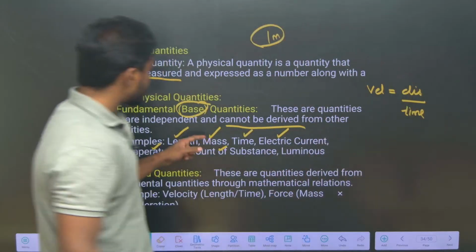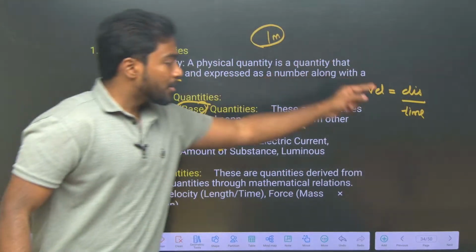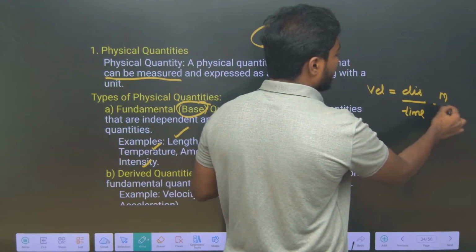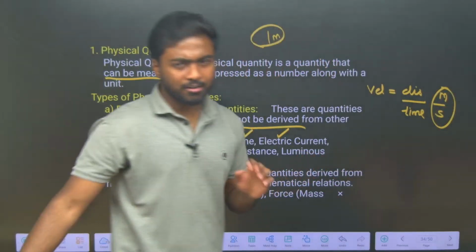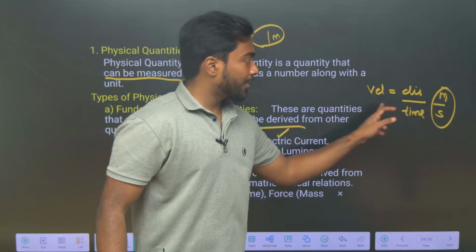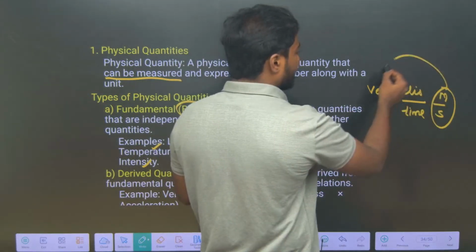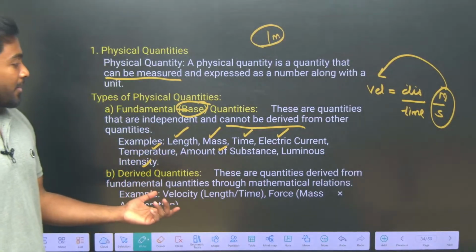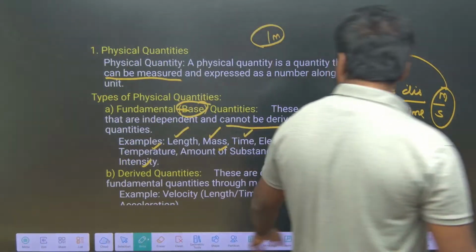Displacement is a base quantity, time is a base quantity. So meter and second are the units we have studied. So meter per second, is this derived from the base quantities? Yes.